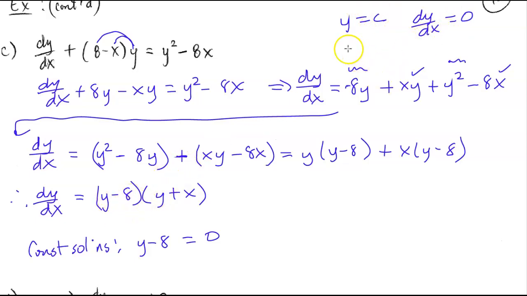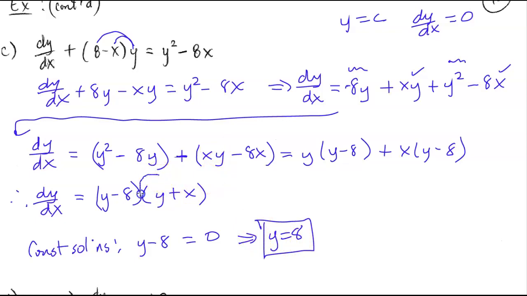But that also means that whatever value I plug in here would have to make this whole right-hand side go to 0 as well. And of course, in this case, we know that y just ends up being 8. And so this would be our only constant solution that we have here, okay?